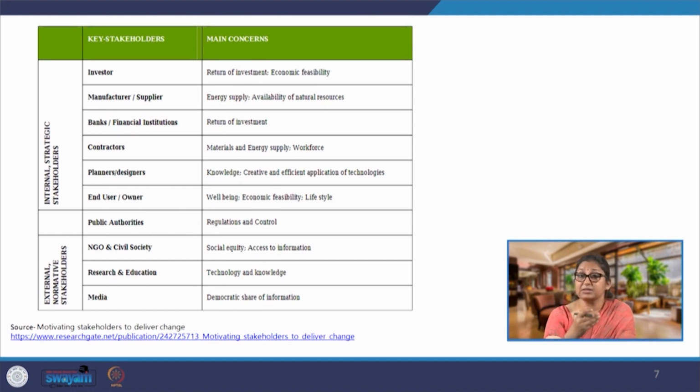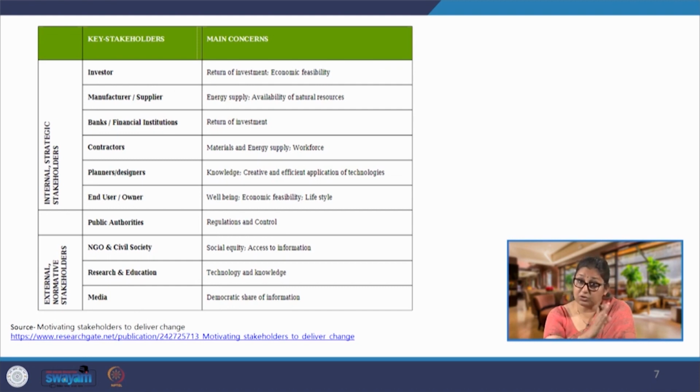Contractors require this continuous supply of materials and energy and also workforce. For designers and planners, they need to have the knowledge base updated every now and then, they have to be creative, and there has to be an efficient application of the knowledge and technologies that they have understood, they have read about. The user, for user it is about well-being, it is about also economic feasibility and also optimization of the economics along with health and well-being and overall lifestyle.